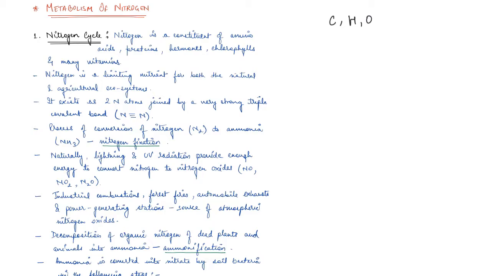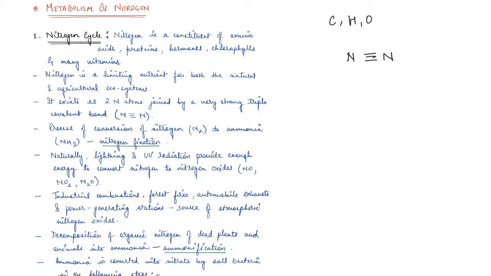So what is happening here is that plants and microbes are competing against the limited nitrogen content which is available in the soil, right? Now nitrogen, guys, exists as two nitrogen atoms joined by a strong triple covalent bond. So basically nitrogen is present as a very strong triple covalent bond, right?